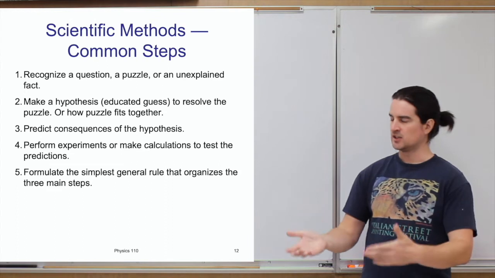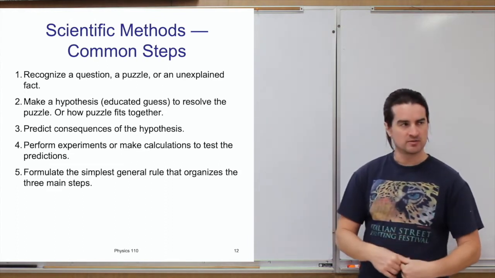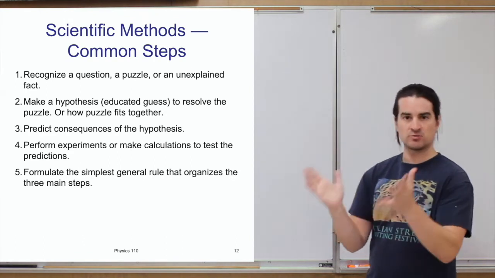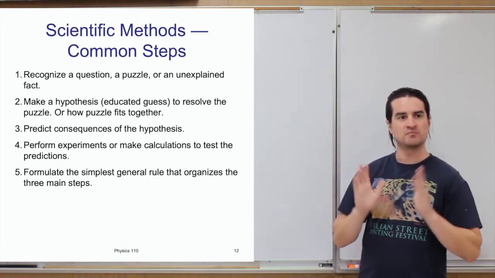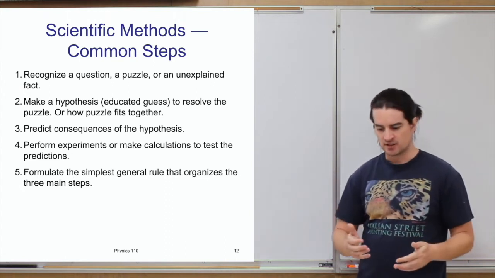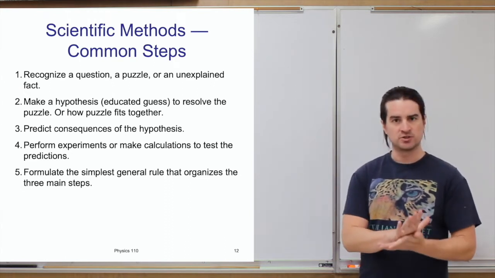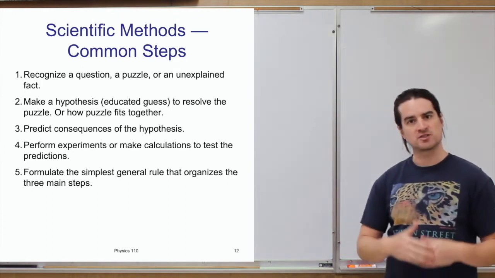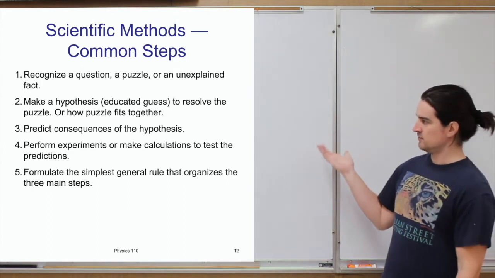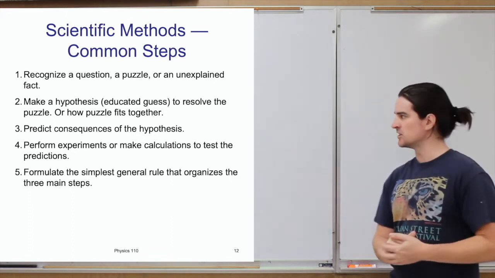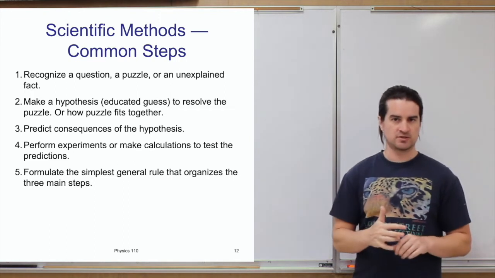You say, well, if this explains the puzzle I thought about, what would it say about something else that's close to it, or something else that maybe is all the way in a whole other field? But any hypothesis is going to have consequences in other areas beyond the thing you were just thinking about. So you make predictions with that hypothesis for other things. Then you can go out and perform experiments, or make calculations to test those predictions.